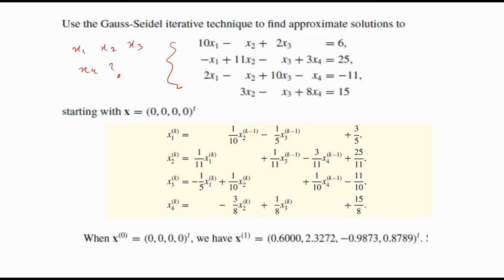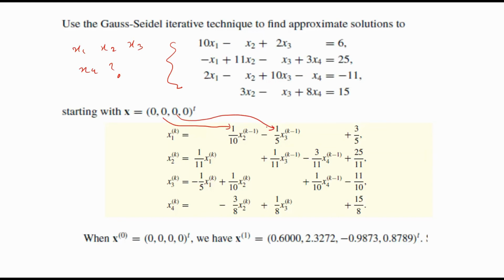So again we will start with the initial condition 0 0 0. Now what is the modification over here is that, at the first step you will find that to find x1 at k, you want x2 at k minus 1 and x3 at k minus 1. So you will use this initial condition.